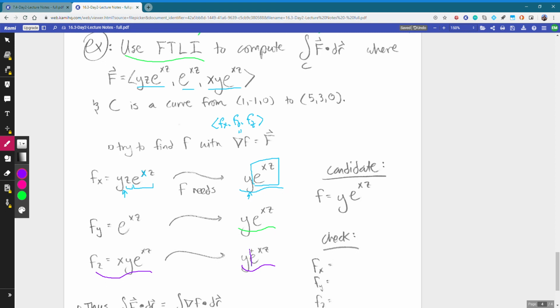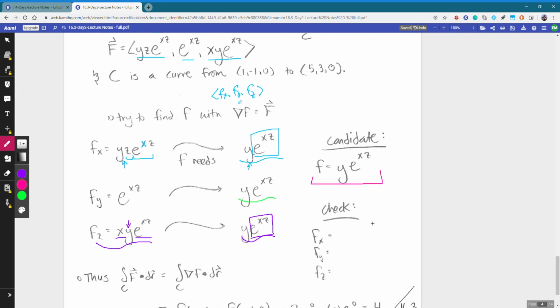Again, if it was just e to the xz, the derivative is e to the xz times x. Now, since z is our variable, we like the e to the xz and the x, but we also need that y. So actually, in this case, all three of our components are telling us the exact same thing. And so from that, we get our candidate for our function f.